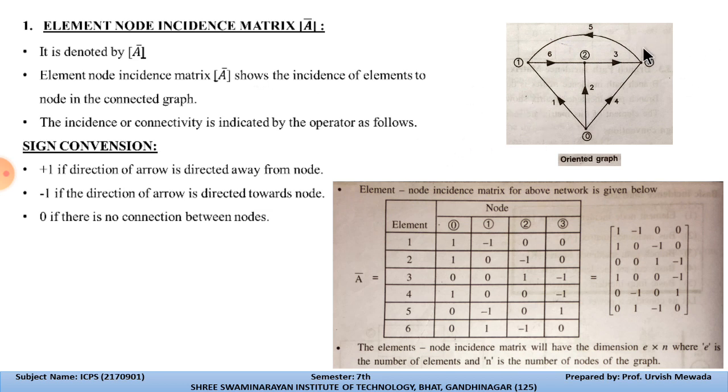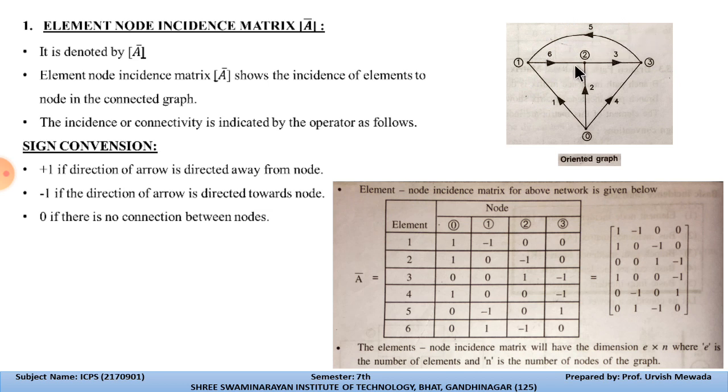Here you can see the direction of the line is indicated. This element node incidence matrix A shows the incidences of elements to nodes in the connected graph. What is the meaning of incidences? We are solving this network by providing the direction of the lines or elements.